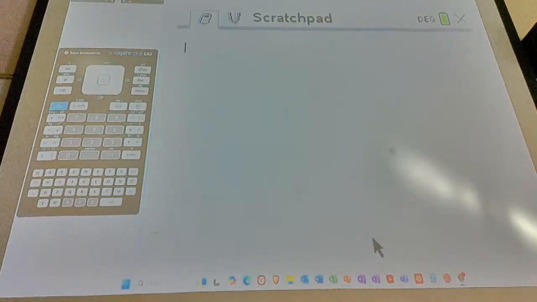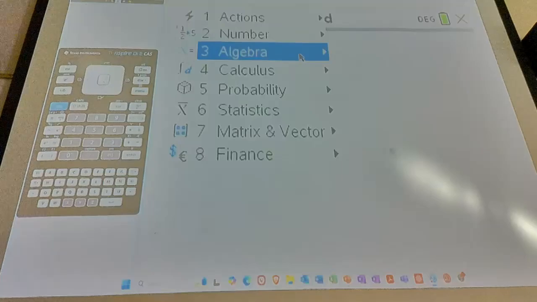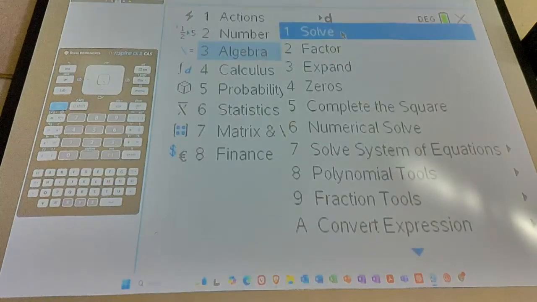Menu, algebra, solve. Type in the equation, solve with respect to what?